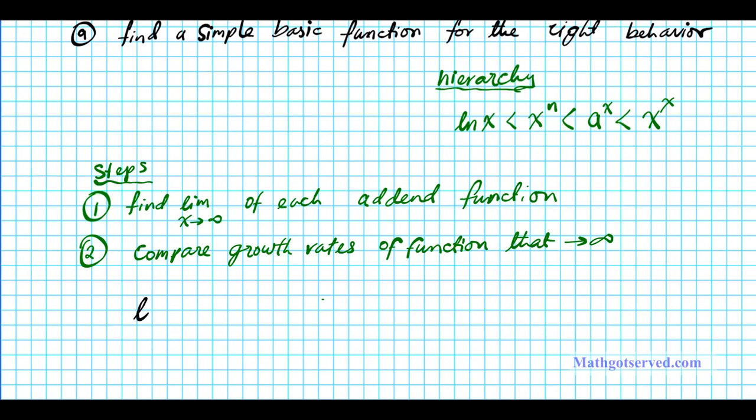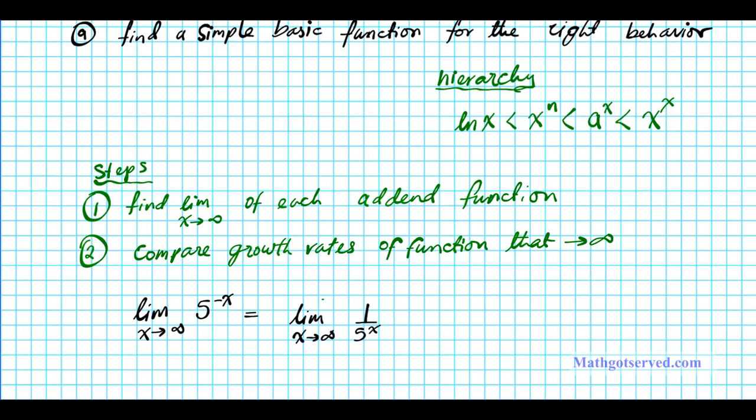So what is the limit as x approaches infinity of the first term, 5 to the negative x? This is going to be, let's see, we can reciprocate because of this negativity here. So the limit as x approaches infinity of 1 over 5 to the x.